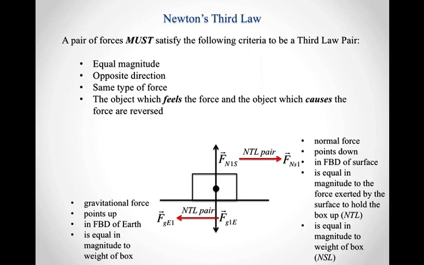One of the really important things to recognize is that because of this last rule, that the object which feels the force and the object which causes the force have to be reversed, Newton's third law pairs of forces can never be in the same free body diagram. They have to be in two different free body diagrams because the object which feels each force within your third law pair is different.